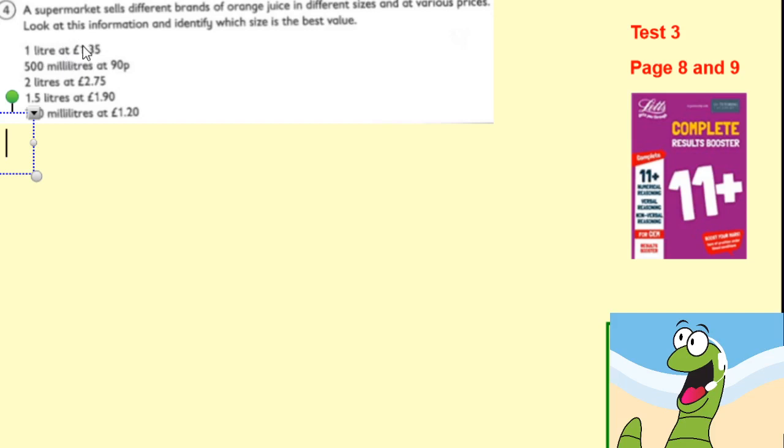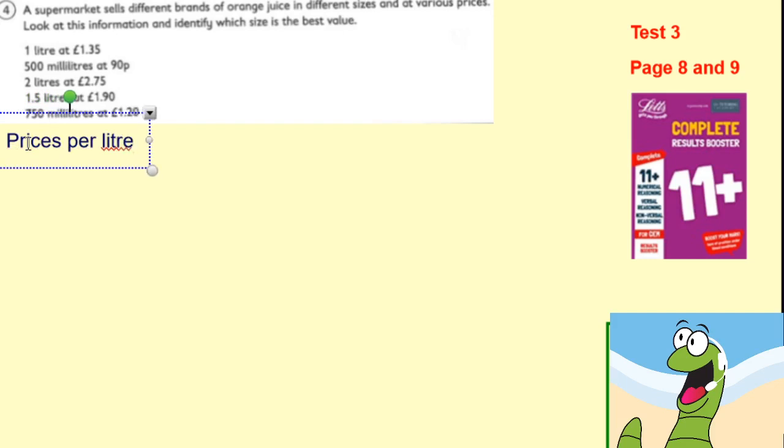Anything which is pounds and pence, we will convert into just pence. So let's just lay that out.